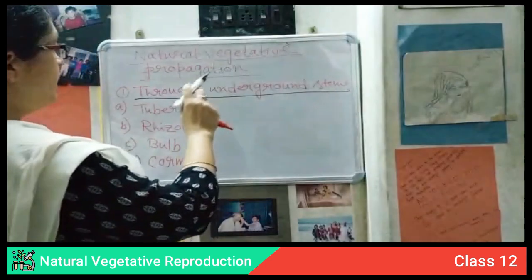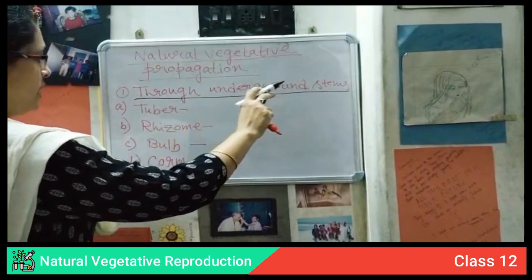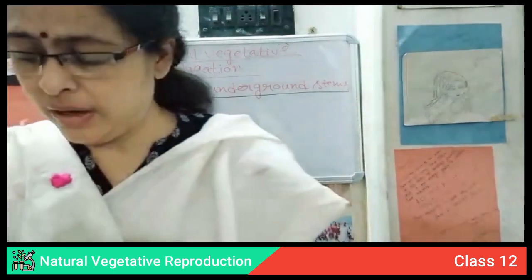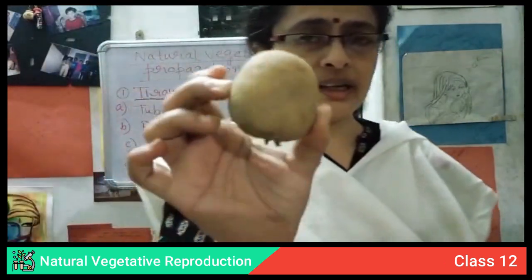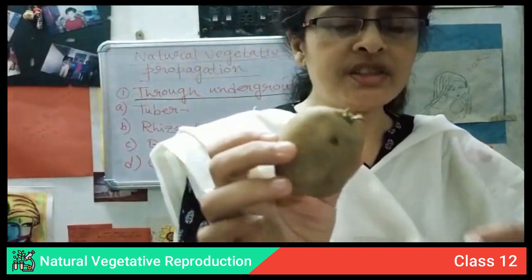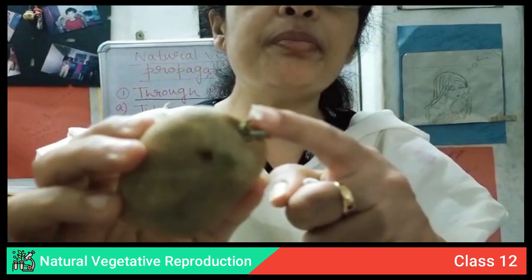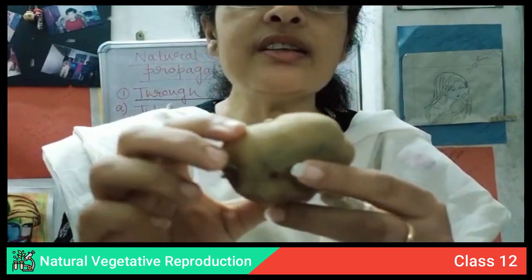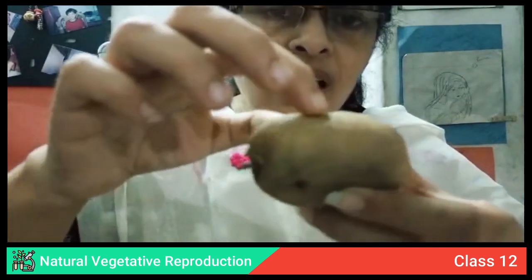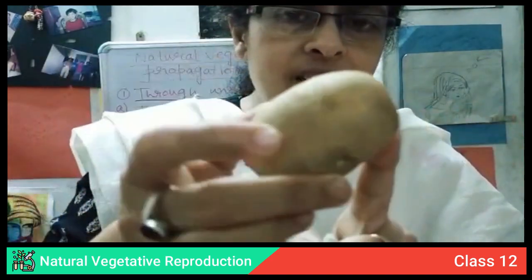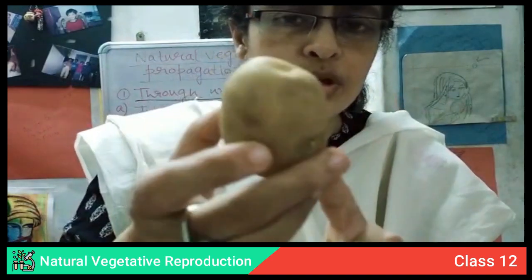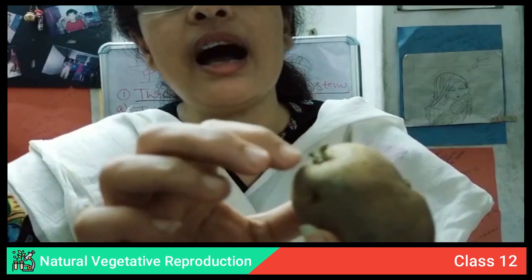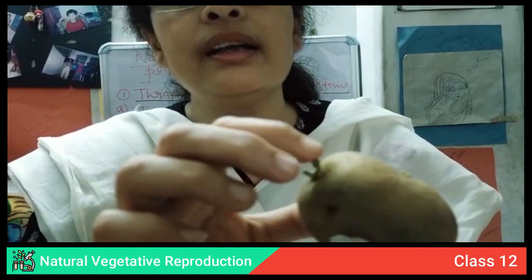Now, natural vegetative propagation through underground stems. Number A is tuber. You know what is tuber? This is tuber. The example is potato. You see, there are sprouts, and if you see a potato very closely, you can see some eye-like structure here. This is called the eye of a potato. From this eye there is a bud.